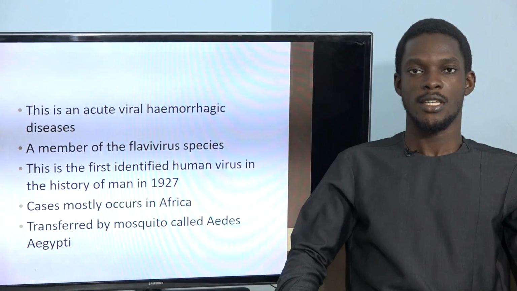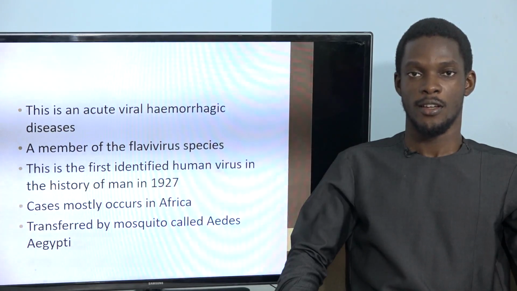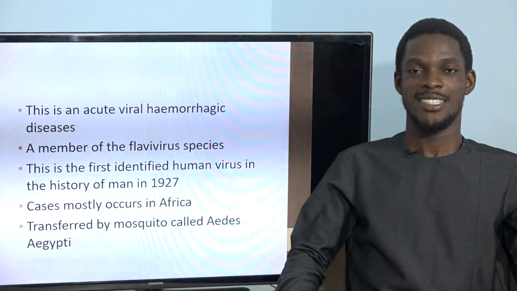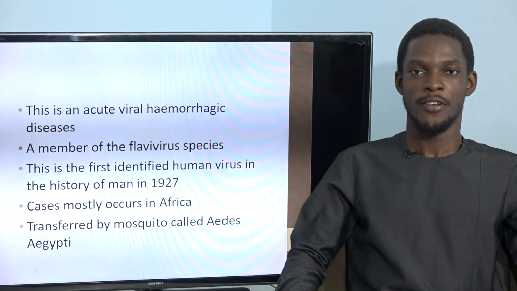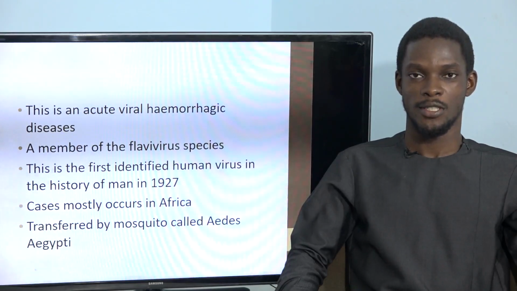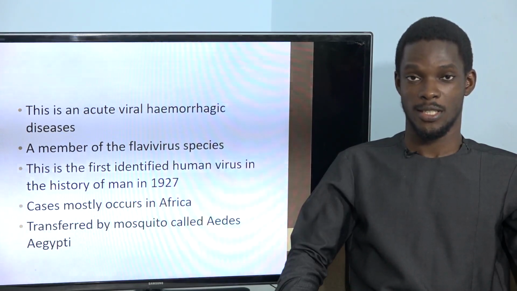And most of the cases occurred in Accra. If you trace the history of yellow fever, you would definitely see Ghana as part of the first places where the yellow fever virus or the flavivirus was first isolated.